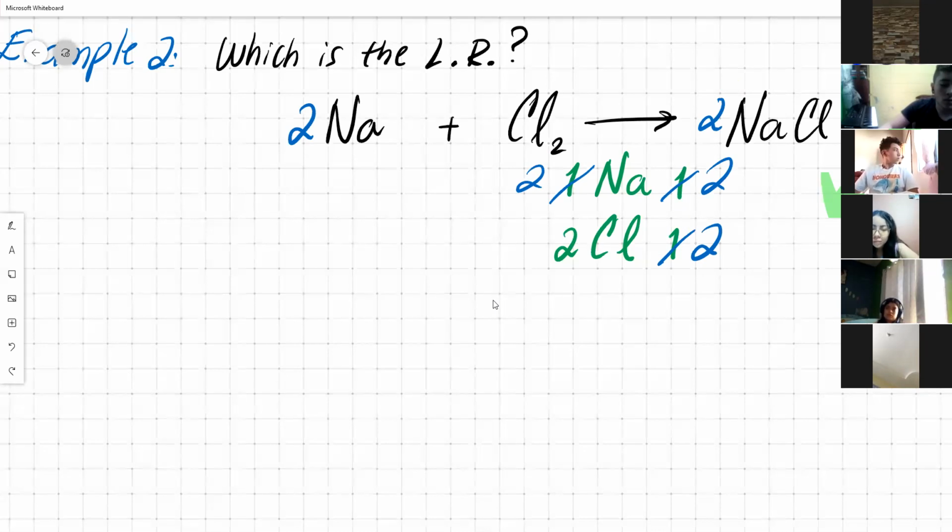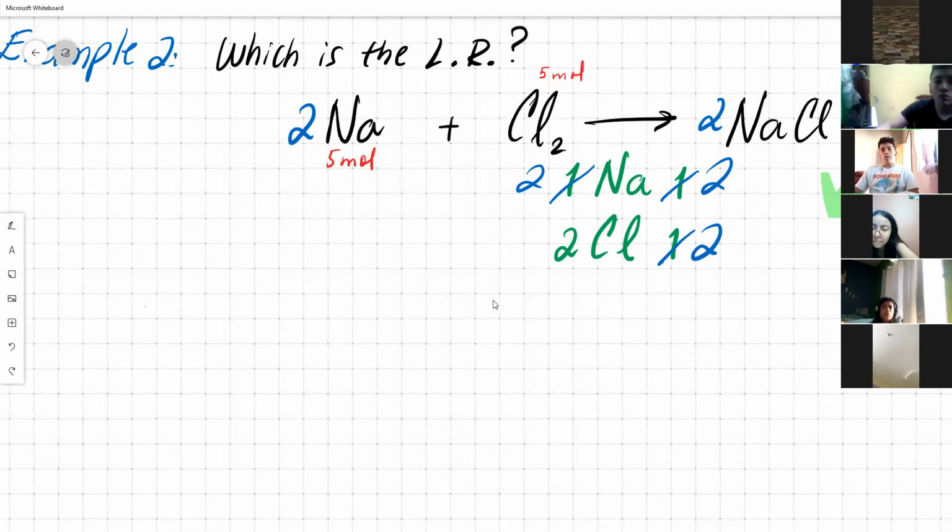Now, to know which one is the limiting reactant, I have to give you amounts. So let's say that I'm giving you 5 moles of sodium and also 5 moles of chlorine. And I ask you which is the limiting reactant.